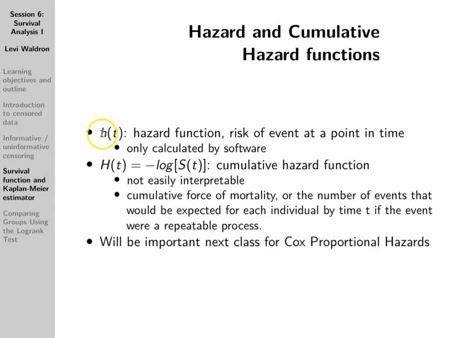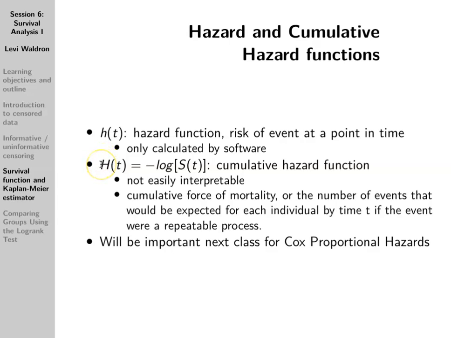So little h of t, the hazard function, is the risk of an event at any point in time. So it's like the microscopic risk of event at every point in time. So somewhere that the survival function is dropping quickly, that's a high hazard. If it's not dropping at all, that's a low hazard.